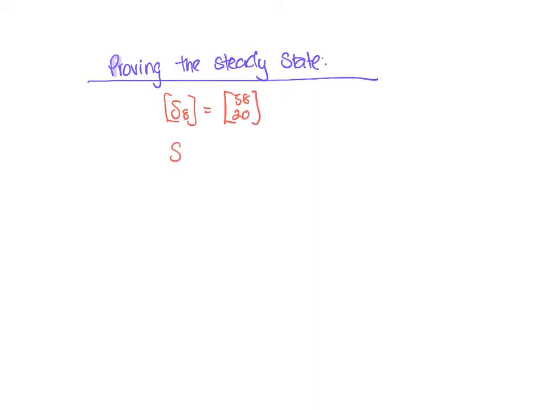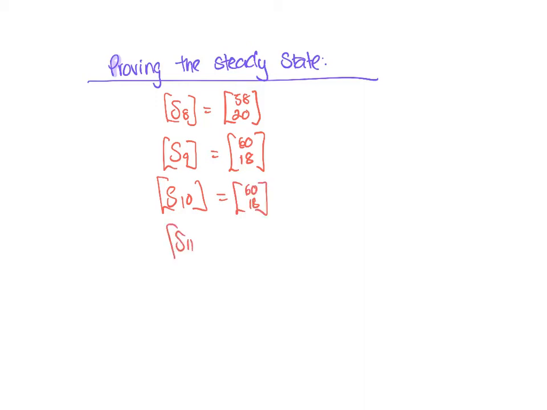We get to state 9, and we might get 60 and 18. Then at S10, we see that it is 60, 18, and S11 would be 60, 18. So we've reached the steady state.